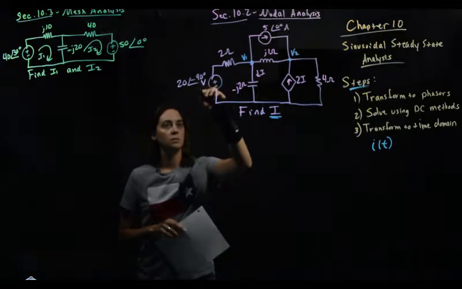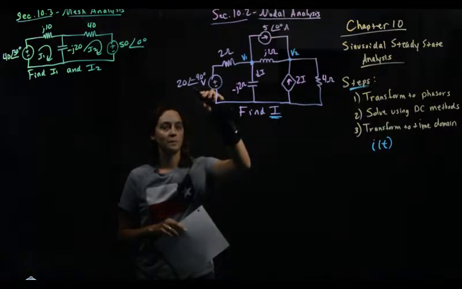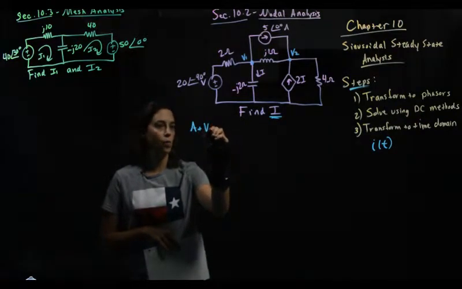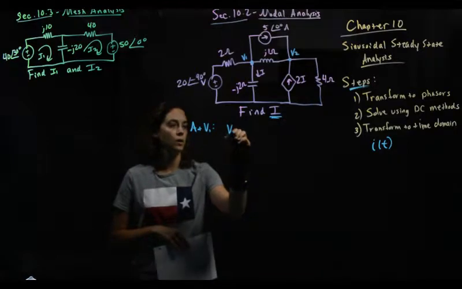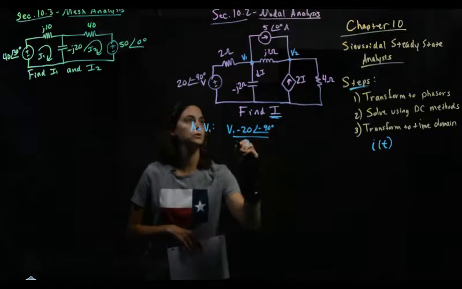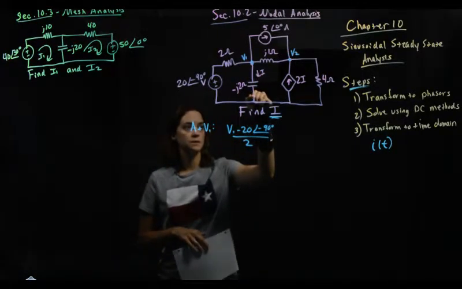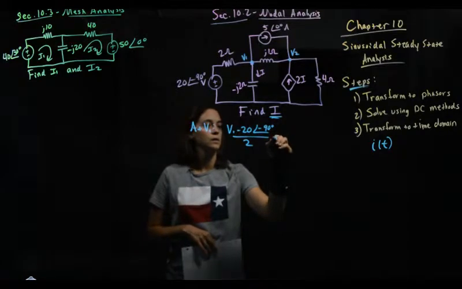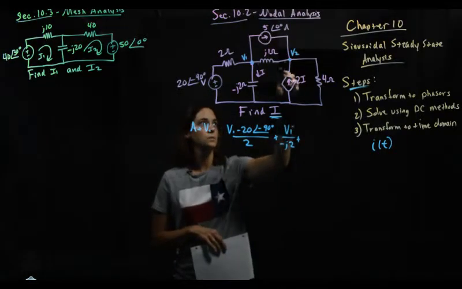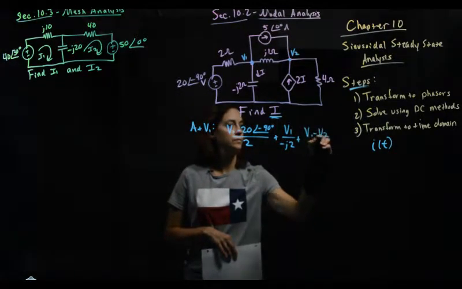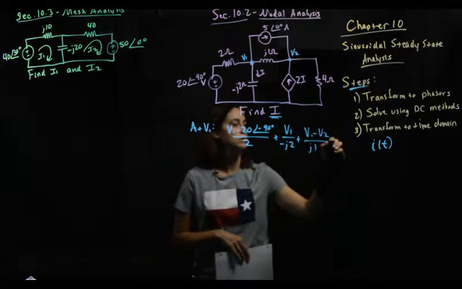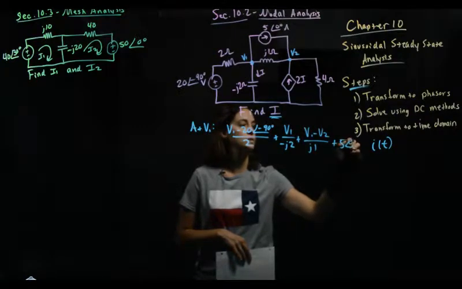At V1, we've got V1 minus 20 at an angle of minus 90 degrees over 2, plus V1 minus 0 over minus J2, plus V1 minus V2 over J1, and then this leaving one here, so plus 5 at an angle of 0 degrees.